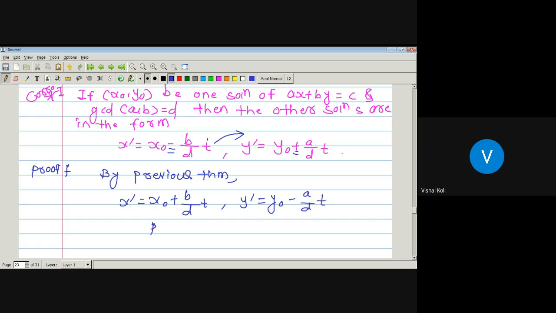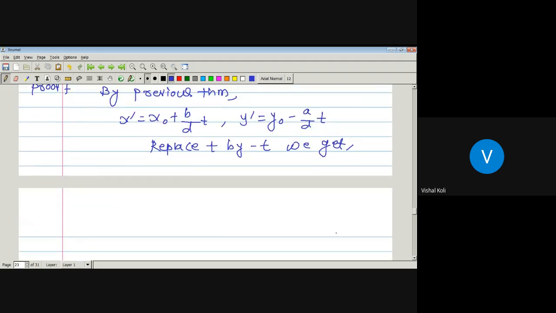Just replace t by minus t, we get x dash is equal to x naught minus b upon d into t, and y dash is equal to y naught plus a upon d into t, and that is what we have to prove. Hence the proof.